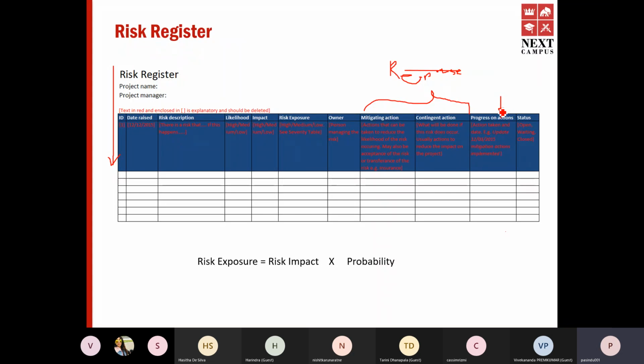Okay. For the assignment, is there any possibility that at the end of the class we can go through the assignment?